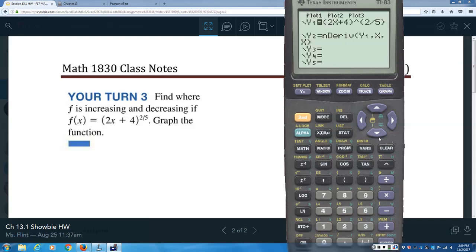Now I'm going to turn the derivative on. Now you can just barely see the derivative, but you can see it. What happened to the derivative where the function came to that little sharp point?